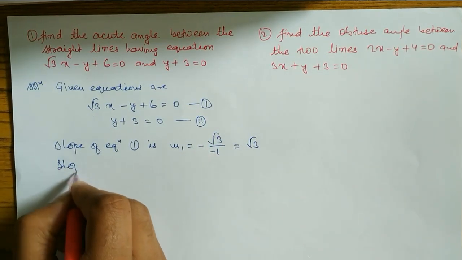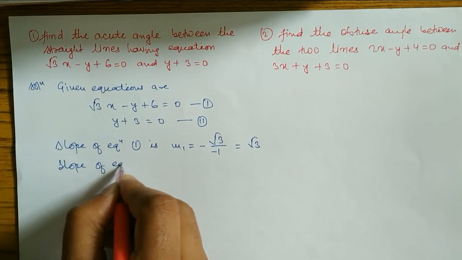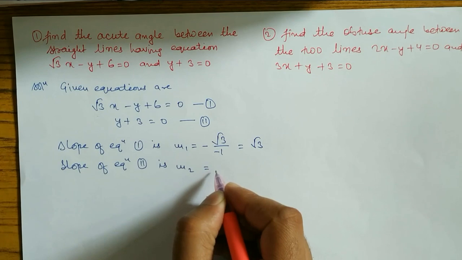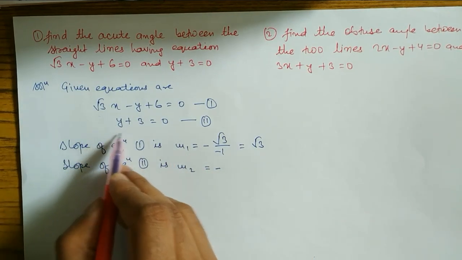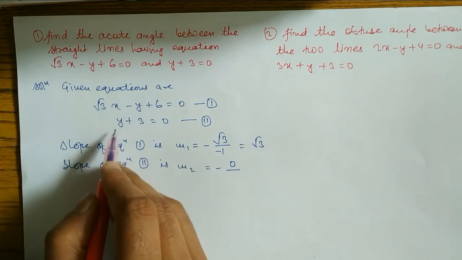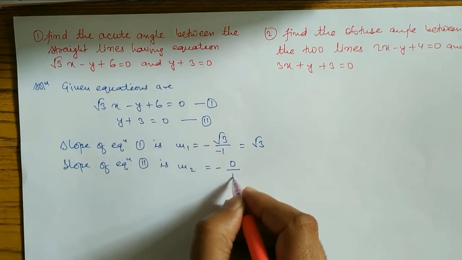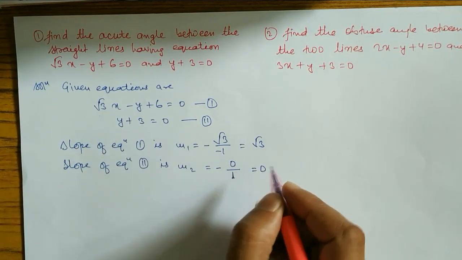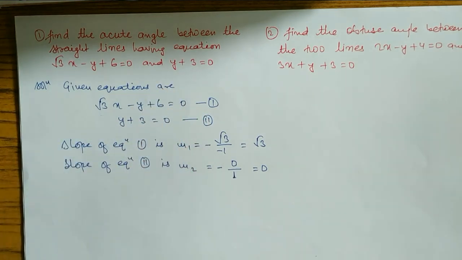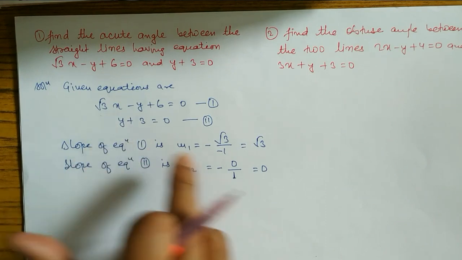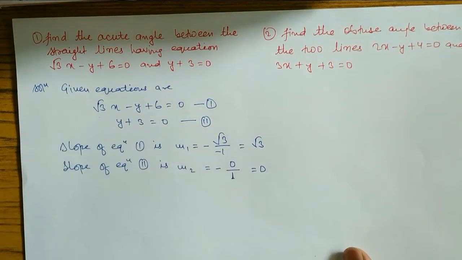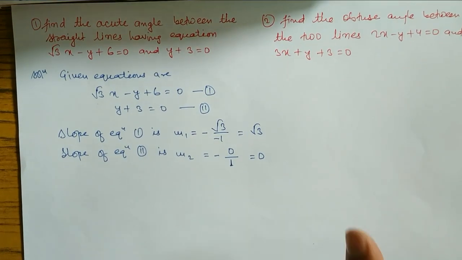Similarly, slope of equation 2, m2, is equal to minus coefficient of x by coefficient of y. The x term is not here, so coefficient of x is 0, and coefficient of y is 1. Hope you understand this.